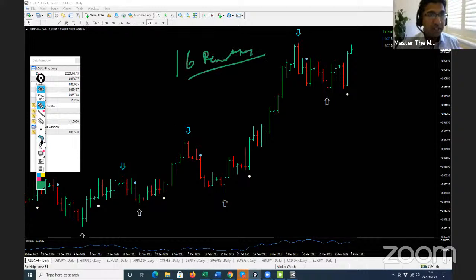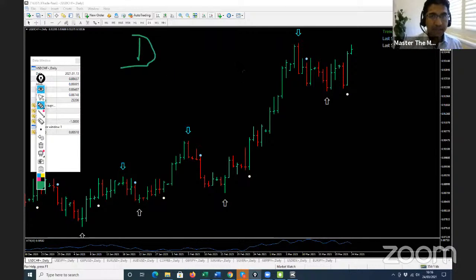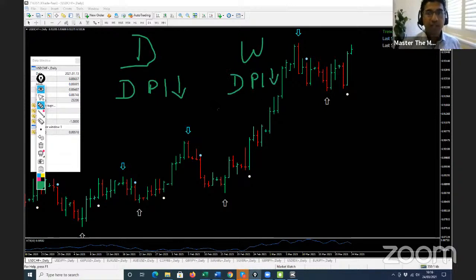Now, let me just tell you the 4 permutations first. If I write daily and I write weekly, let's just say downtrend P1, and that would be a down arrow here. And over here, we also have a downtrend phase one. That's down, so you can see they're correlating. That's one of the permutations you can have.